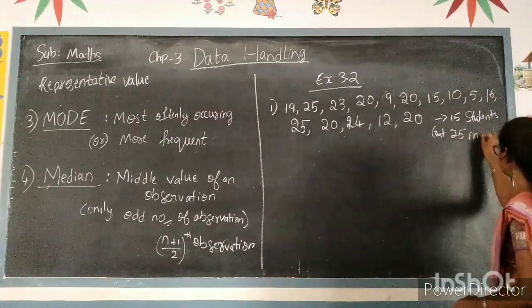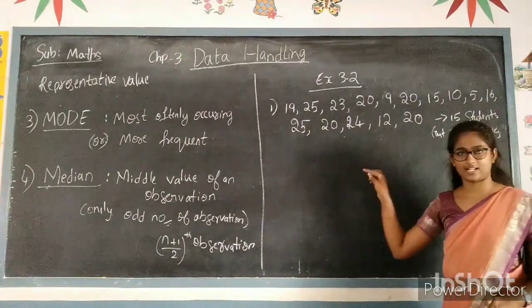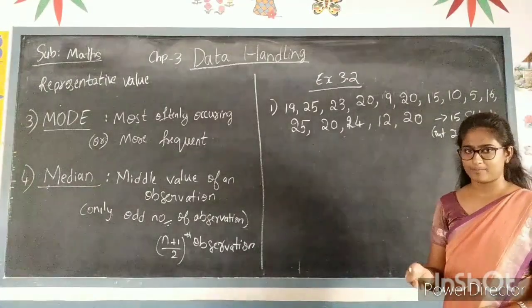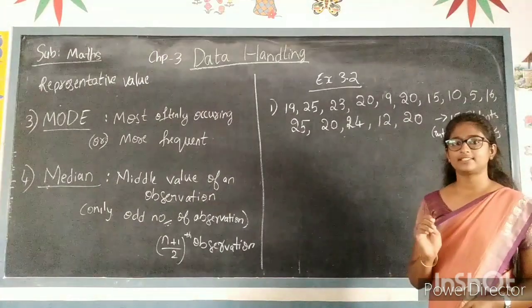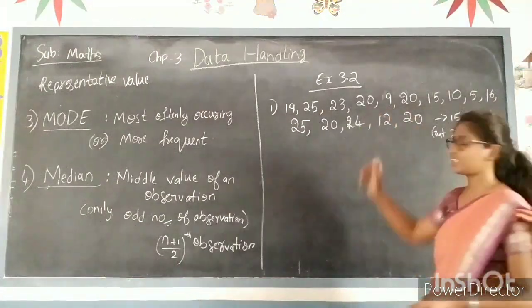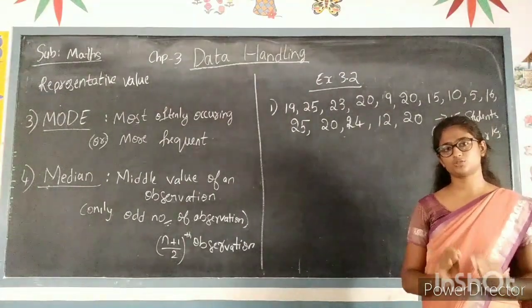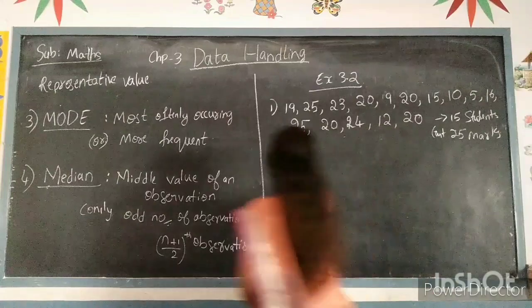We have to find the mode and median of this data, and check whether they are both the same. Now let us first find mode and median. To find that, you have to arrange the given data in order, either from smaller to bigger or bigger to smaller. Let us arrange it from smaller to bigger.